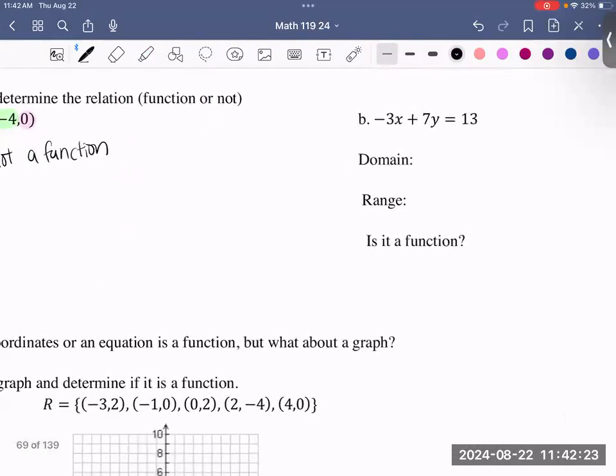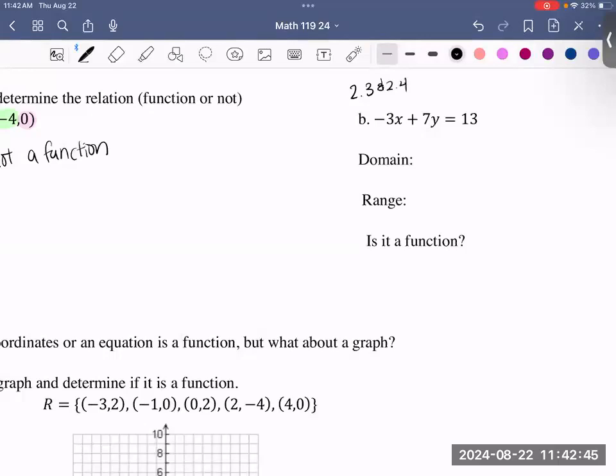Now notice you don't have a series of points, or at least points that are given. Instead, you're given -3x + 7y = 13. Have we seen that structure before? Yeah, back in our video from chapter 2.3 and 2.4, this is a line in standard form.